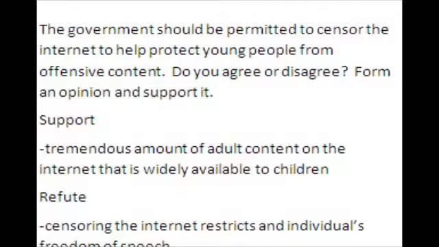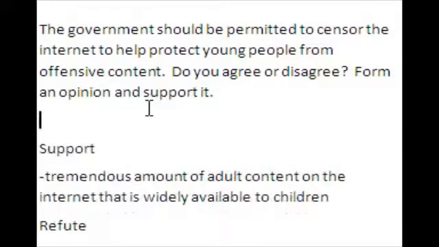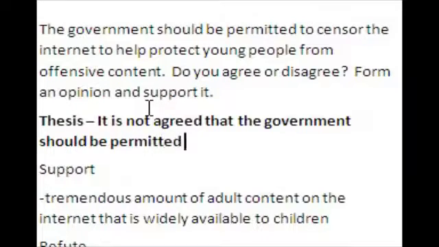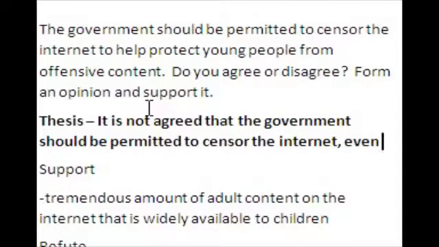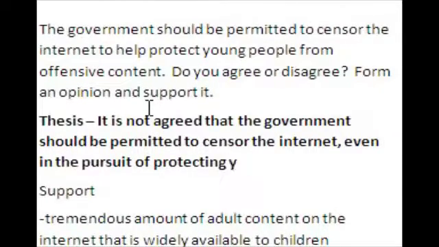So a thesis for this essay could be, it is not agreed that the government should be permitted to censor the internet, even in the pursuit of protecting young people from offensive content.